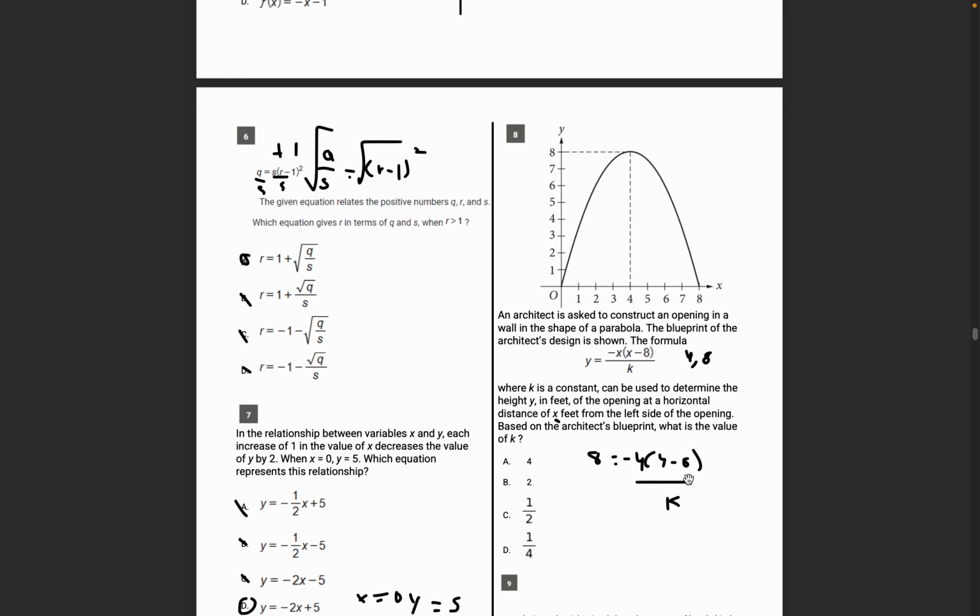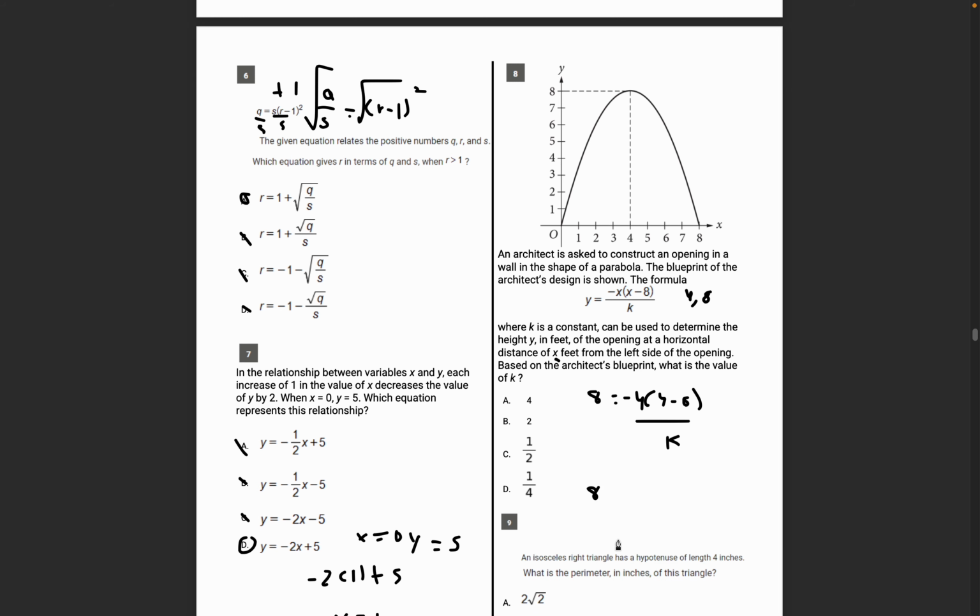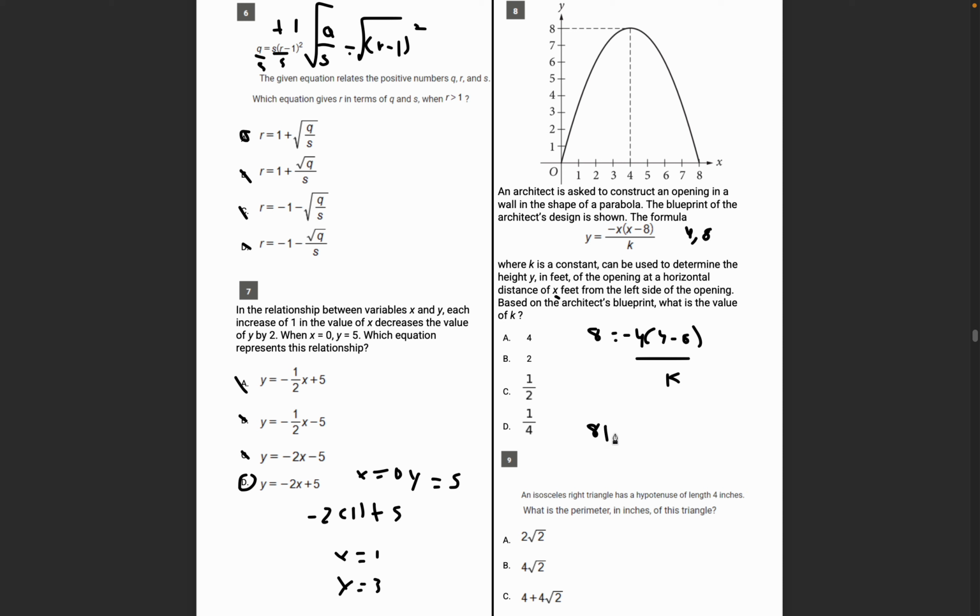Okay, let's just multiply by k first. 8k is equal to, oh yeah, never mind. PEMDAS, you have to do 4 minus 8 first, which is negative 4. Negative 4 times negative 4 is 16. Divided by 8. K equals 2.